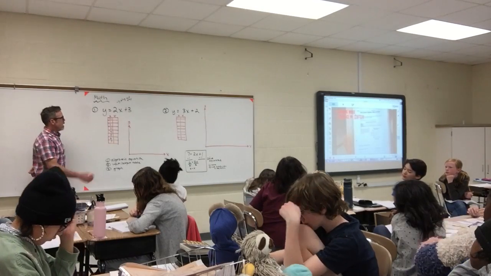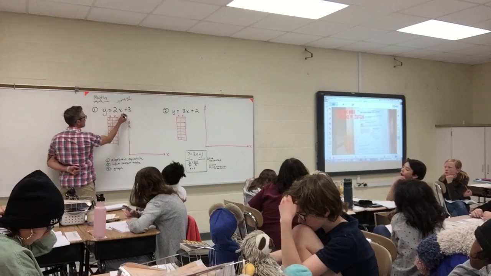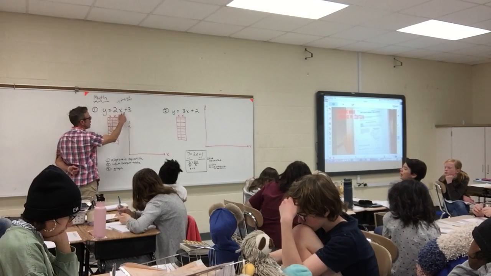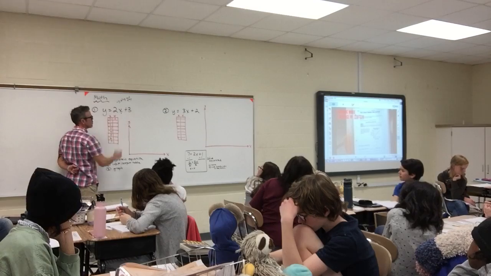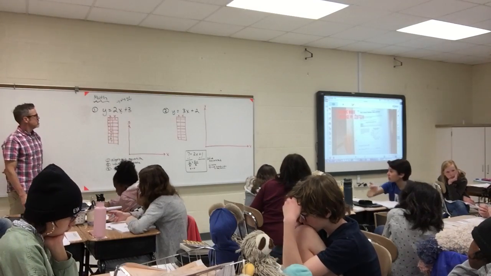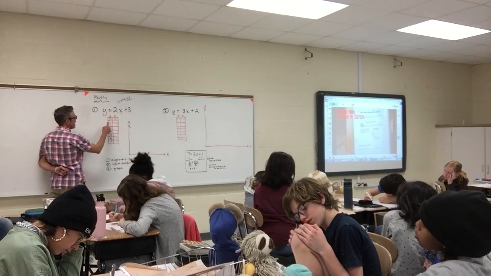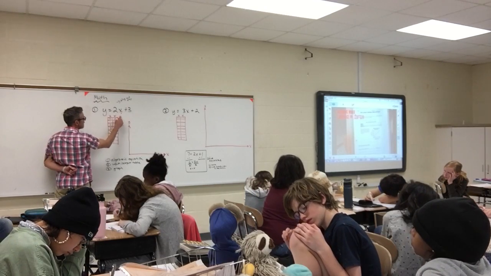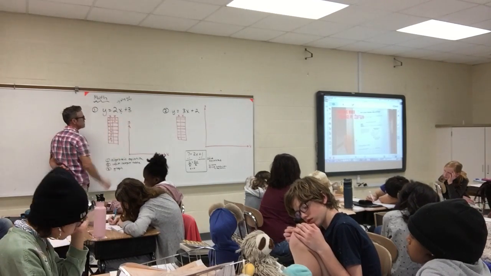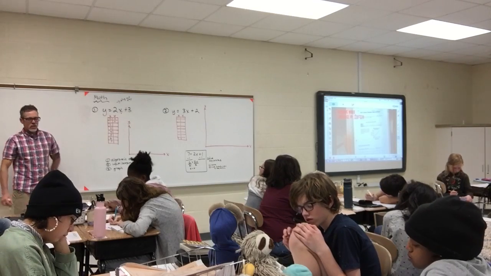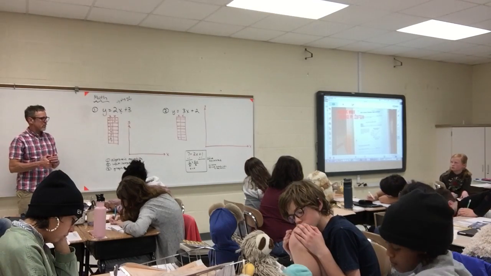So, if x is 0, then 2 times 0 is 0, then this is just 3, right? Agree? All right, if x is 1, y is 5. Go ahead and do the first 7 on your paper, and then let's check them.